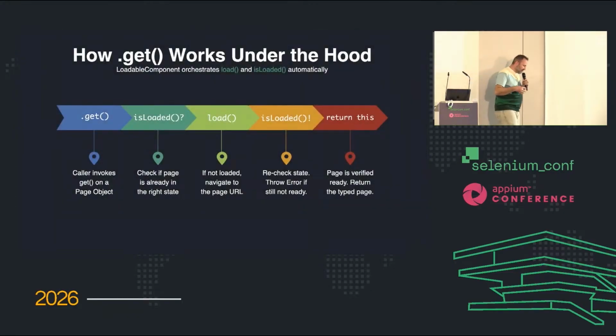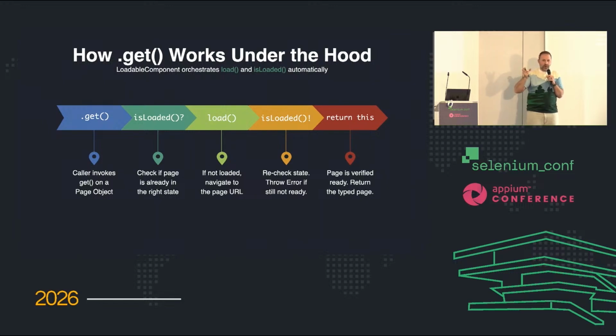Whenever it's implemented correctly, and we have page objects and call the get method on a page object, it checks if the page is loaded. We define the condition for when this page is loaded. When the condition is satisfied, isLoaded returns true, and then it returns the page. If it's not satisfied, it automatically calls load.